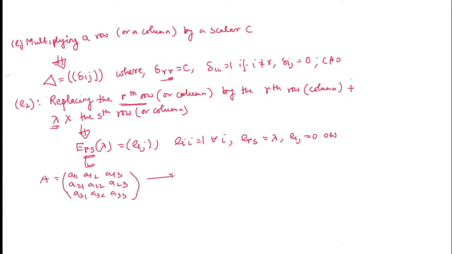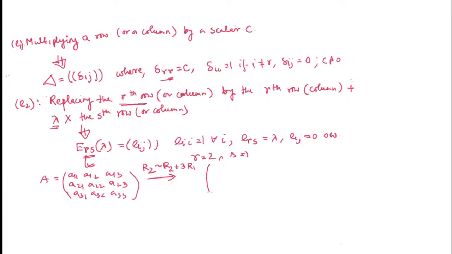Now you change the second row, that means r equal to 2 here, by second row plus 3 by first row. So r2s is equal to 1. Clear?